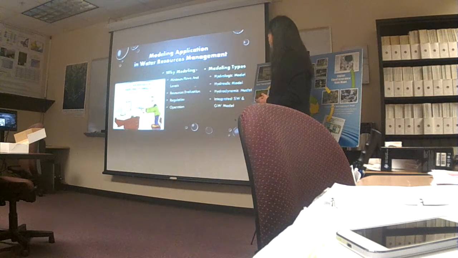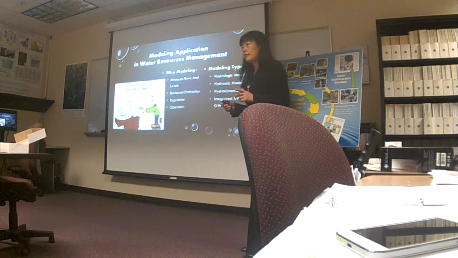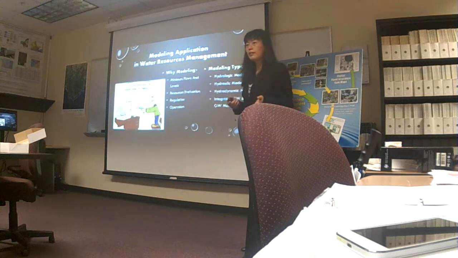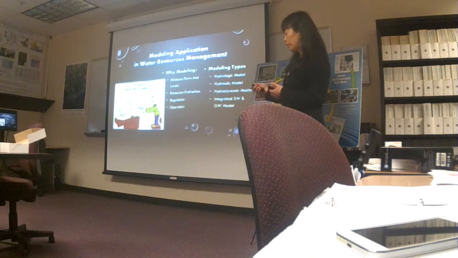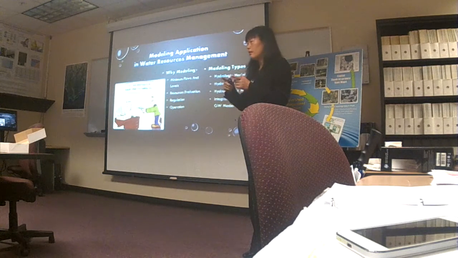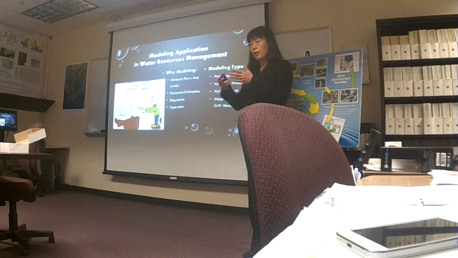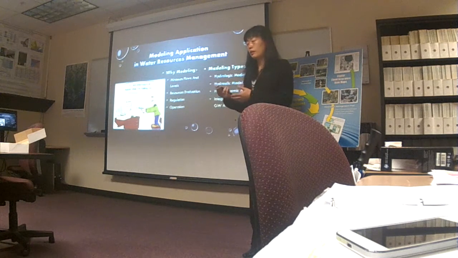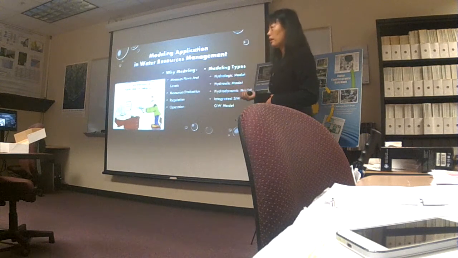Minimum flow and level is basically a threshold, or limit, for rivers, lakes and wetlands. For a river, we use the minimum flow, and if you go below that limit, harm will occur to the water body and the associated environment.